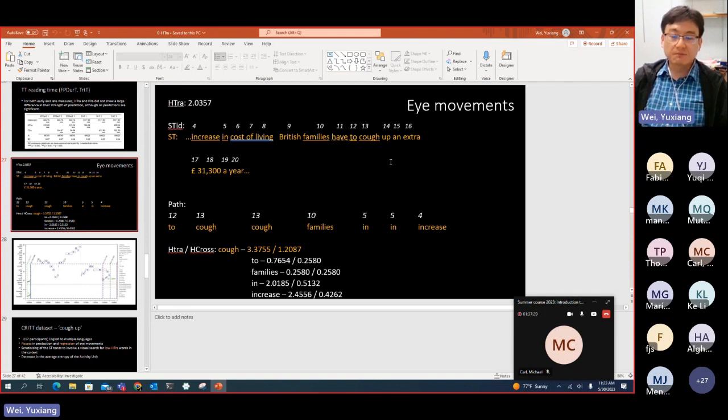What is interesting from the entropy perspective is that the word that causes this disruption of processing has a very high entropy value here. That's the HTra for cough. And all the other words that are fixated to resolve this problem arising from the high entropy item have much lower entropy values.